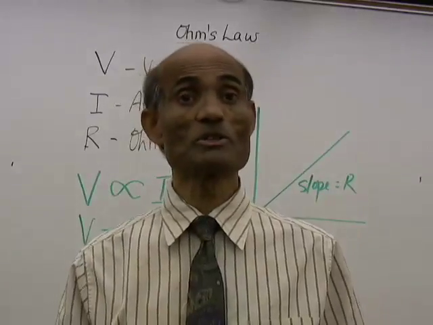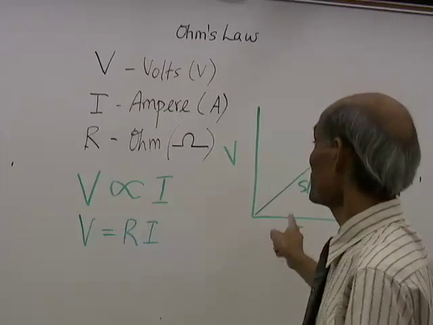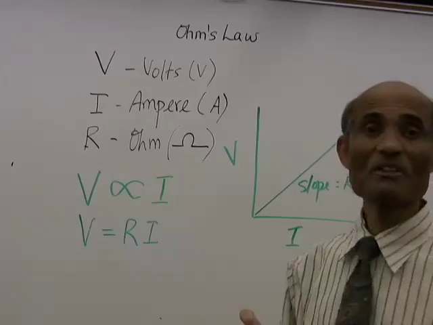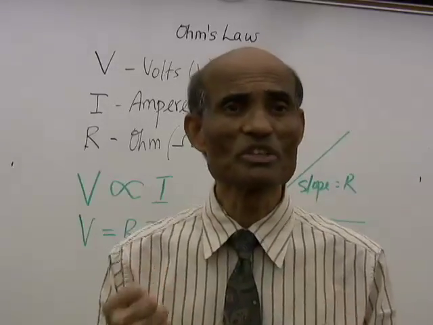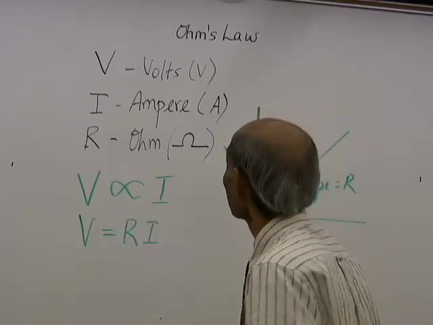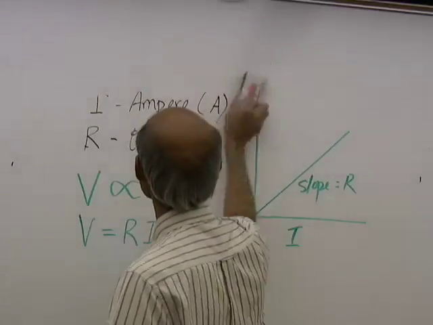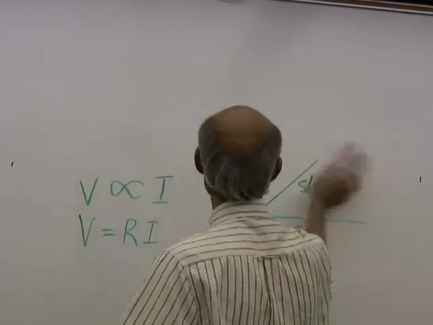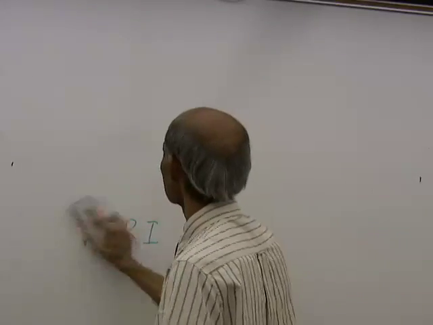Now before I go to that, let's talk about this resistance. What are the factors on which the resistance of a conductor depends? Let me take this off and let's write down some of the factors that affect the resistance of a conductor.